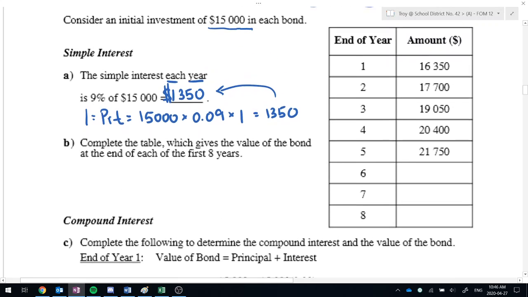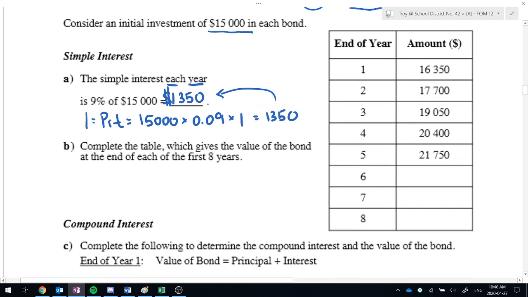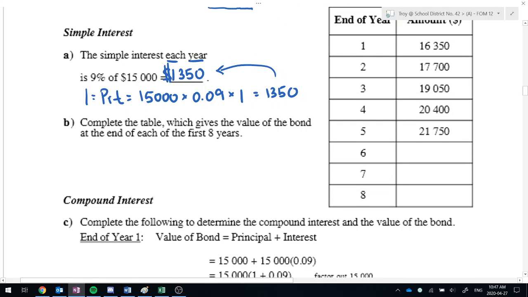All right. So here, as you can see, looks like we're going to let it sit for 8 years, gaining that amount of interest every year. Right? So what we can do here is finish filling it in. So if we add 1350 to that one, we get $23,100.